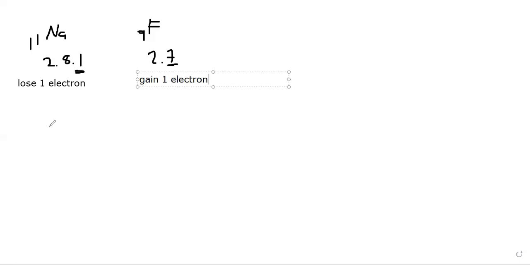In the shortened version, we draw the valence shell. So sodium has 1 electron on its valence shell, and fluorine has 7.